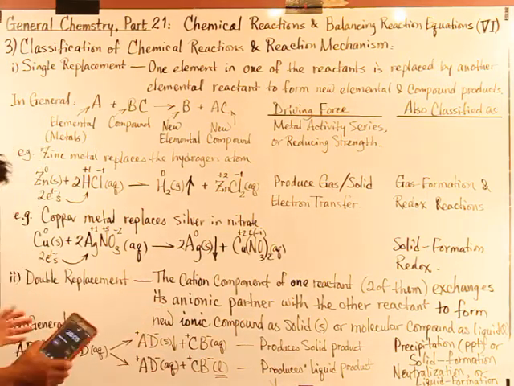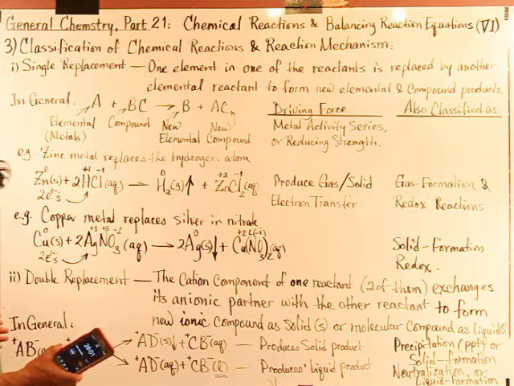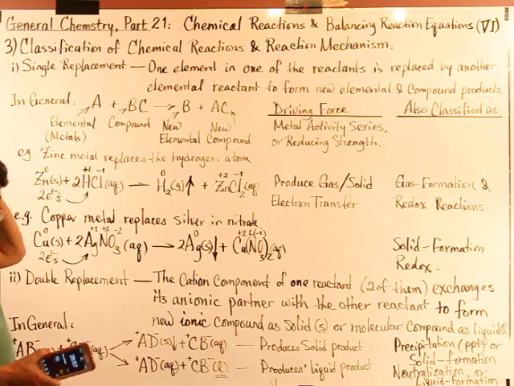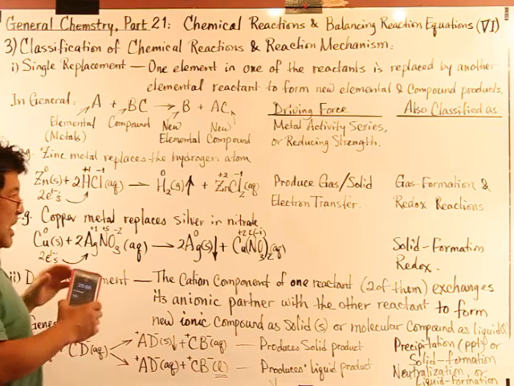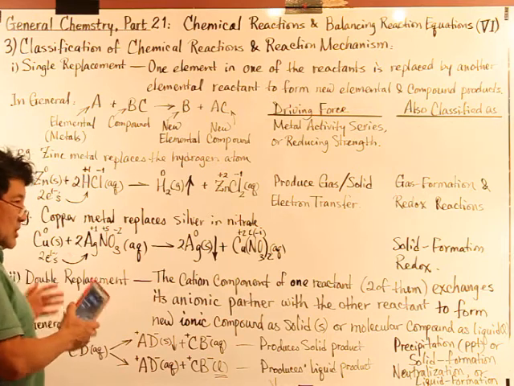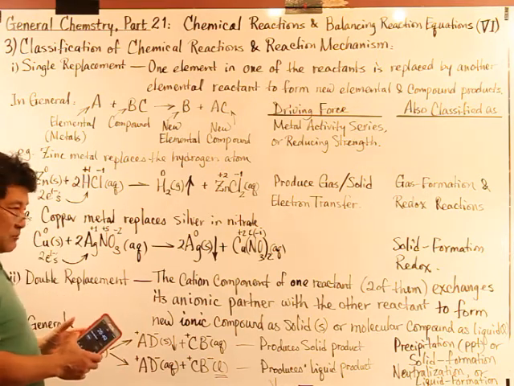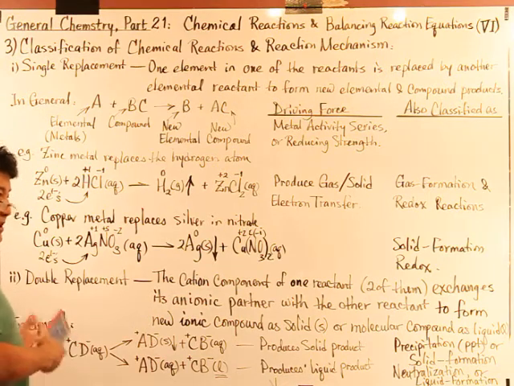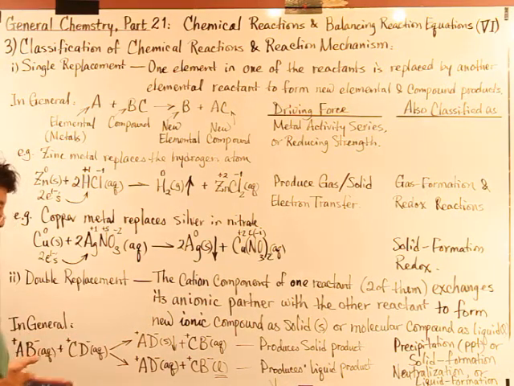Now in general, we have a general format for the reaction. We use A, B, C, D as symbols for the elements in the periodic table, simplified. AB is a binary compound. A, on the left as you write the chemical formula, is normally a cation, and on the right B is the anion.